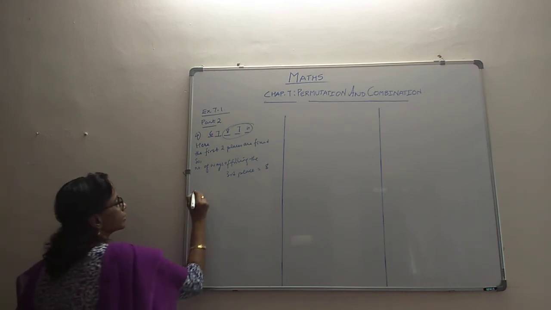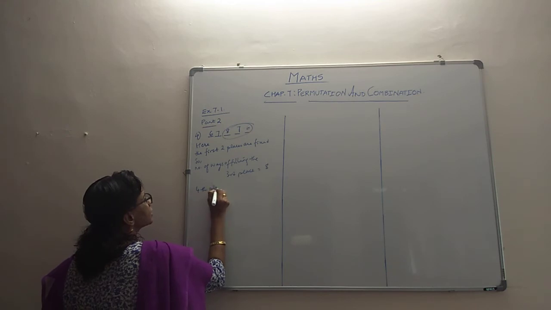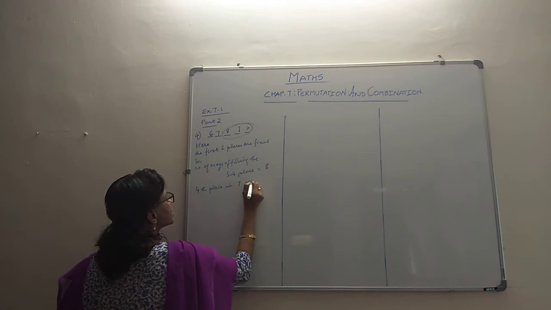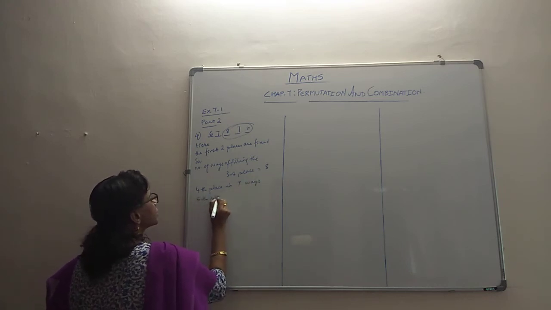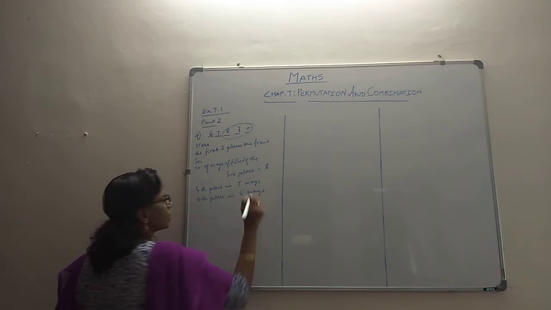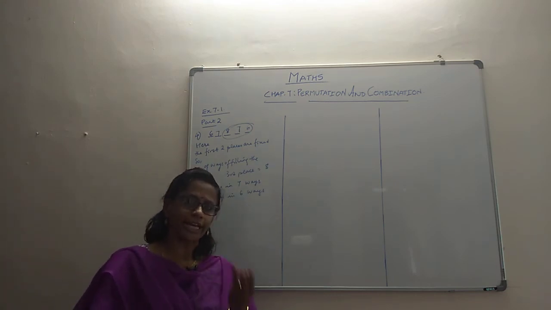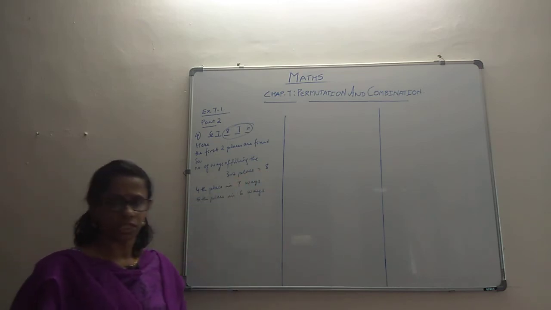Then the fourth place in 7 ways. Fifth place in 6 ways. Why? Because 6 and 7 are already gone, so 2 choices are already gone. Out of the 10, 8 choices are left, that we have filled here. Then every time you're dropping 1 because repetition is not allowed.